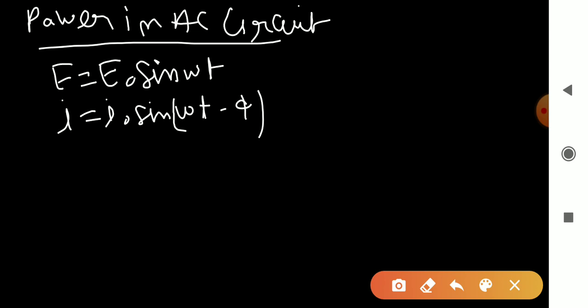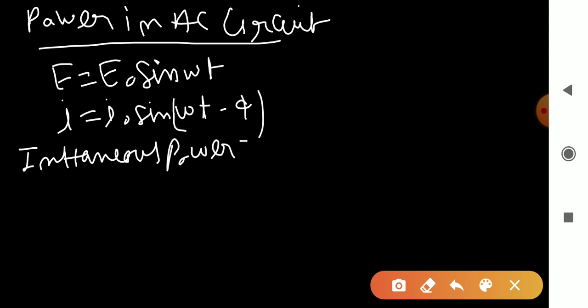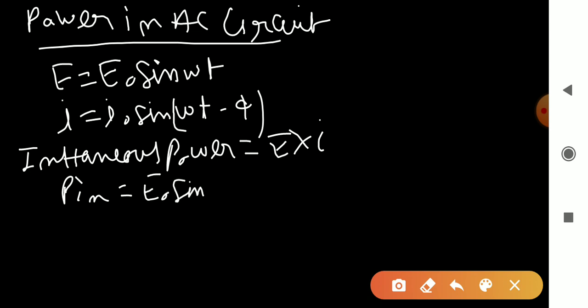Then instantaneous power in the circuit is given as P instantaneous equal to E into I, so P instantaneous is E naught sin omega t into I naught sin omega t minus phi.